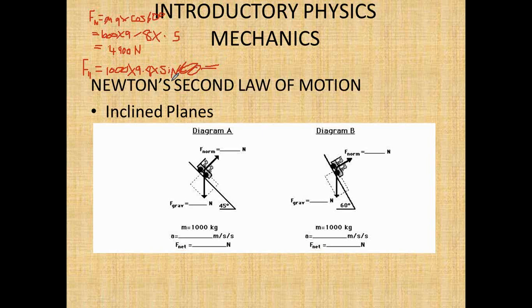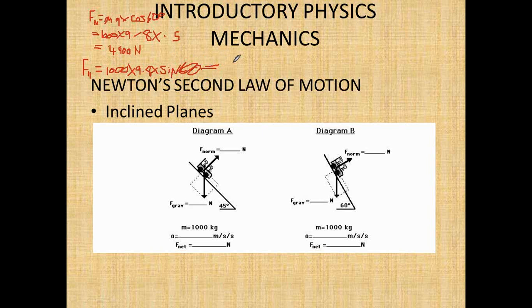So you look in your calculator again. It's the only way to do it. So the sine of 60, okay, that is 0.87.